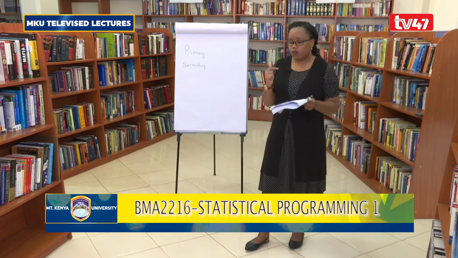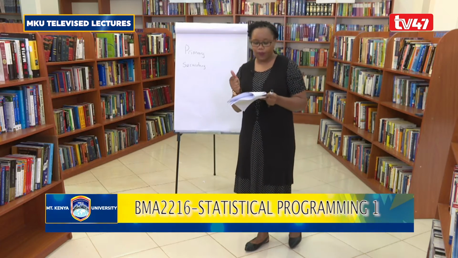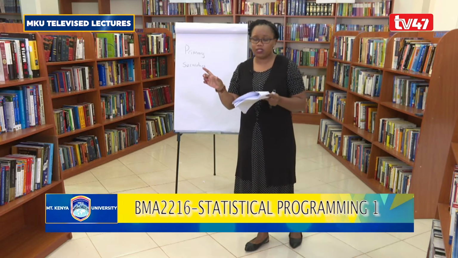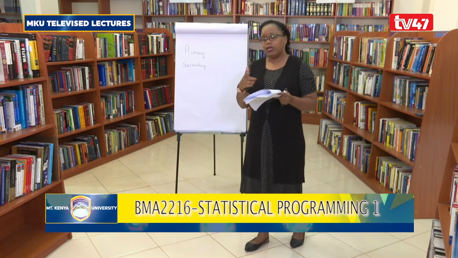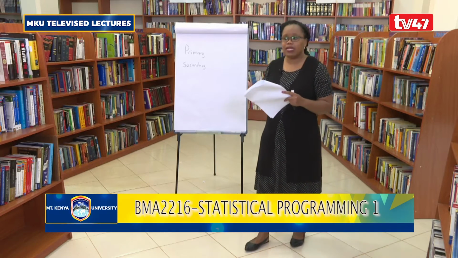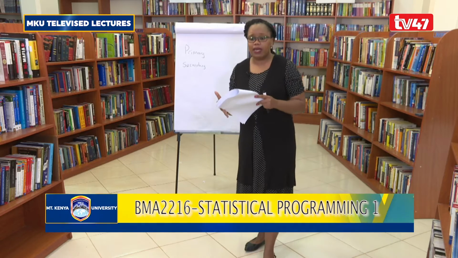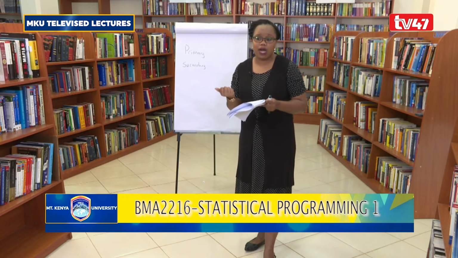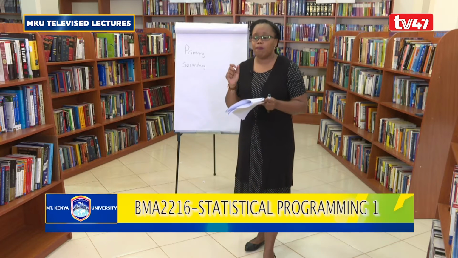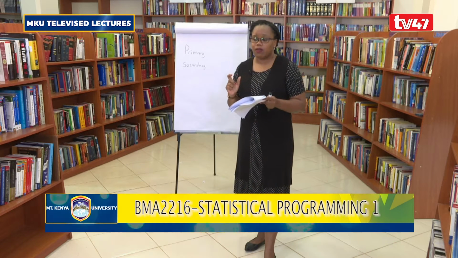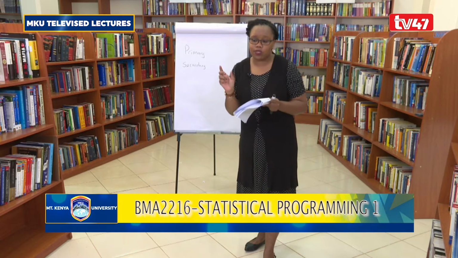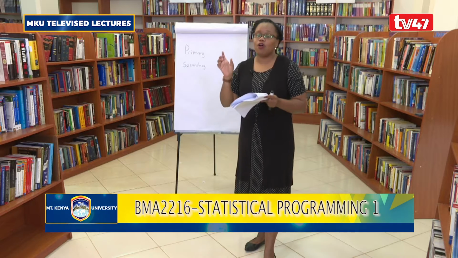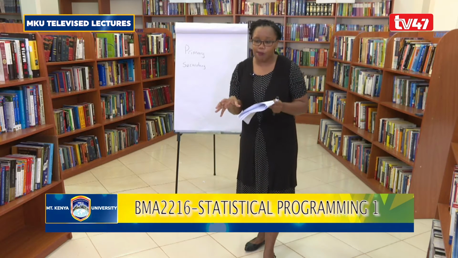We have talked of sample. We are saying that it is a small representation of the population. Being researchers, we are limited in terms of resources, labor, time, and so on. So that means every time we are carrying out a research, we must be able to pick out a sample that represents our population in order to study that sample.